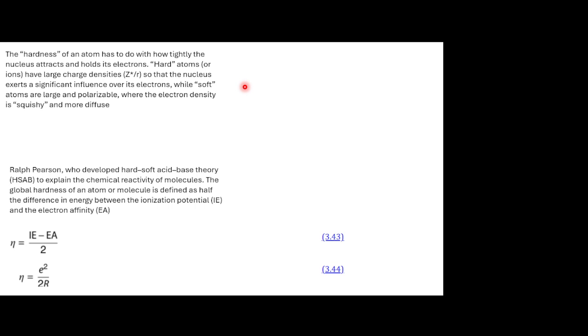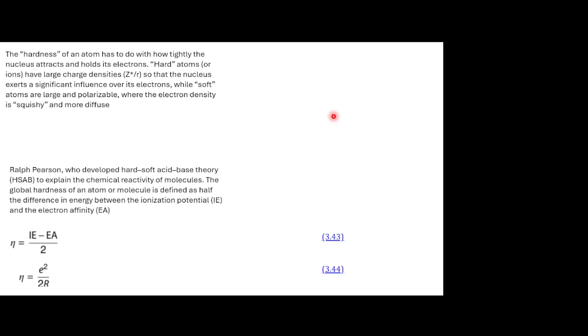Okay, so the global hardness of an atom or molecule is going to be defined as half the difference in energy between the ionization potential, the IE, remember that ionization potential that we were talking about, how easily it loses its electrons, and the electron affinity, EA. Okay? This is why, when you asked me why that makes this compound, I didn't want to jump all the way into this yet.